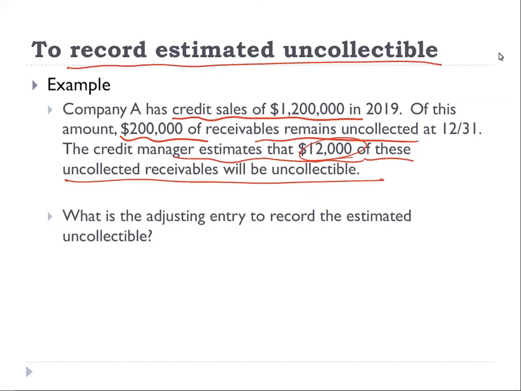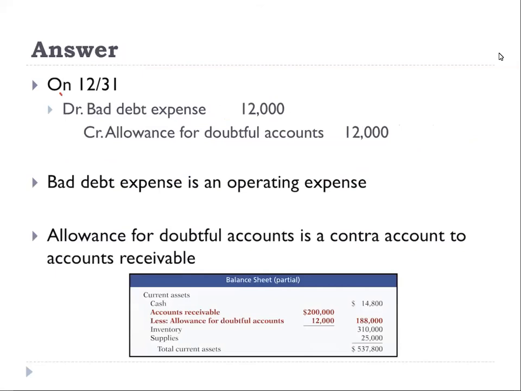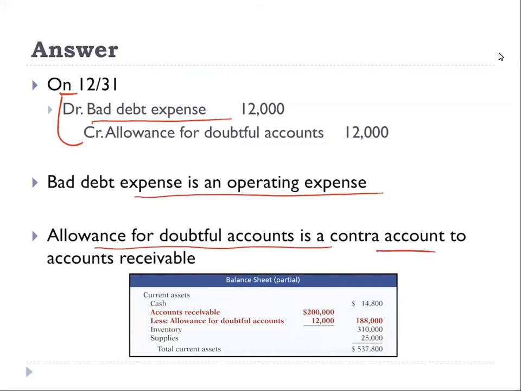What is the adjusting entry to record the estimated uncollectibles? The estimation is that 12,000 is going to be uncollectible. So we write the journal entry: debit bad debt expense, credit allowance for doubtful accounts for 12,000. Bad debt expense is an operating expense, and allowance for doubtful accounts is a contra account to accounts receivable.